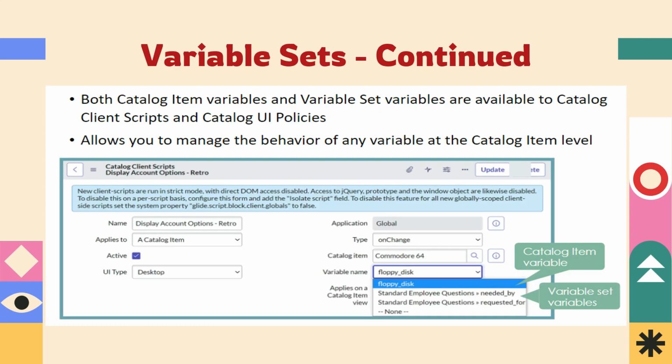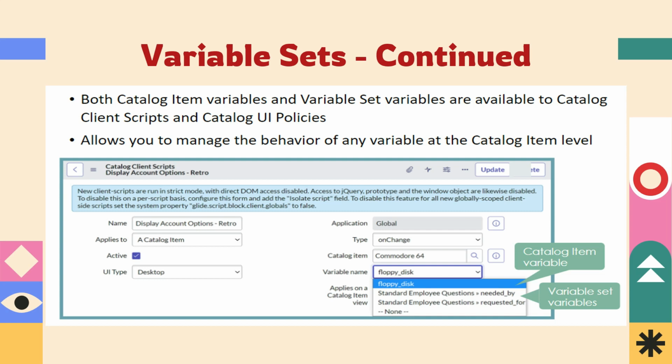Both catalog item variables and variable set variables are available to catalog client scripts and catalog UI policies, and it will allow you to manage the behavior of any variable at the catalog item level. Suppose we are using some variable set, then we can access that variable at the catalog item level.